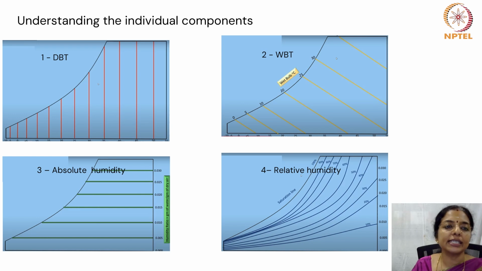The first is dry bulb temperature. So, the dry bulb temperature is the temperature of air measured by a regular thermometer exposed to the air but shielded from moisture and radiation.